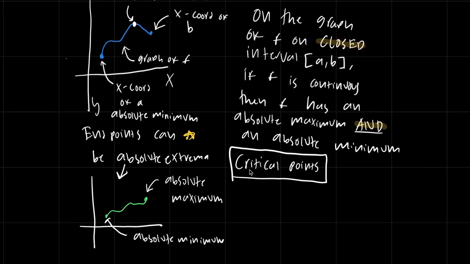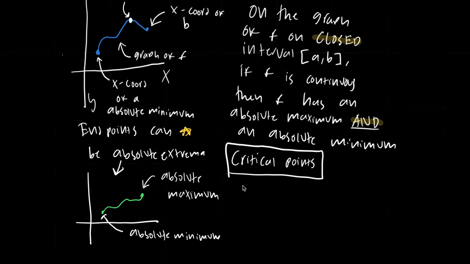Critical points is just where the derivative of whatever graph you have is going to be 0 or undefined, which I'll just shorten as und.